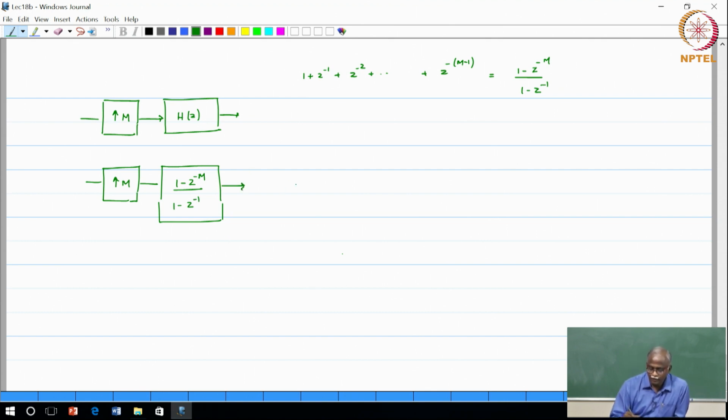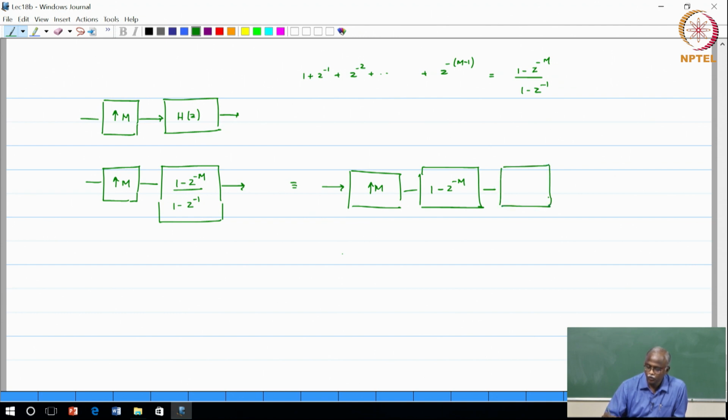Okay. I am going to split this, it is identically equal to upsampling by a factor of m followed by 1 minus z power minus m followed by 1 over 1 minus z inverse. This is a cascade form, perfectly allowed for LTI systems.